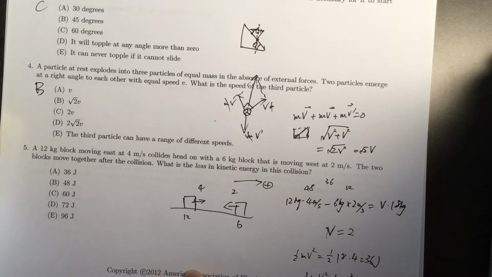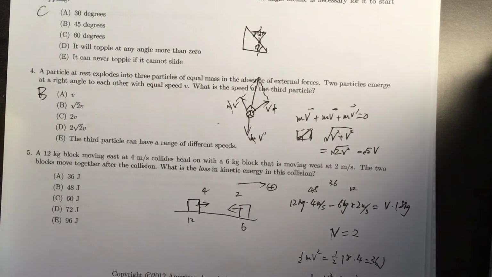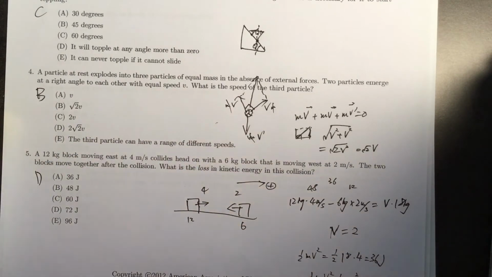So we have 1/2 times 12 times 4 squared, which is 96, plus 1/2 times 6 times 2 squared, which is 12. So we have 96 plus 12, which is equal to 108. So 108 minus 36 equals 72. So the answer is 72 joules here.